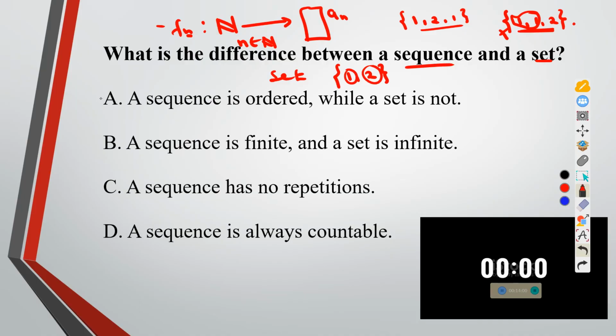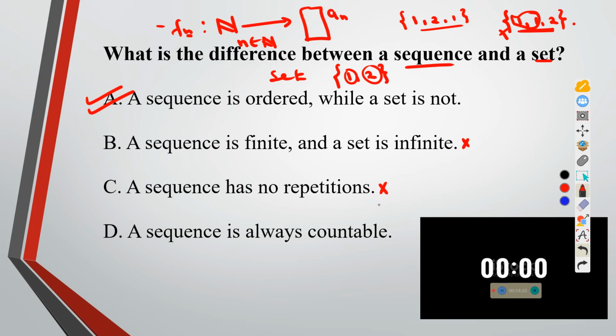Looking at the given options, a sequence is ordered while a set is not. This is very true. A sequence is finite, a set is infinite. A sequence has no repetitions, while sets do. This is not true, because sequences permit repetitions, which is not the case for sets.